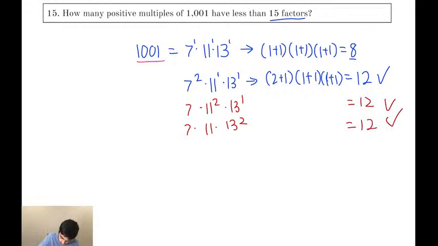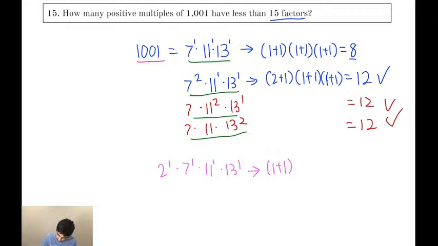So right now we have a total of 4 cases. But notice that no other cases work. For example, 2 times 1001, so 2 to the 1 times 7 to the 1 times 11 to the 1 times 13 to the 1, has (1+1)(1+1)(1+1)(1+1) factors. This is equal to 16, and that's too much.